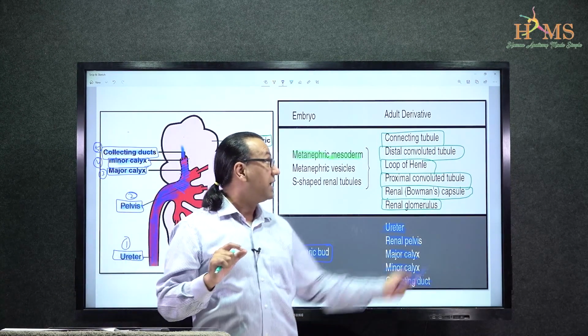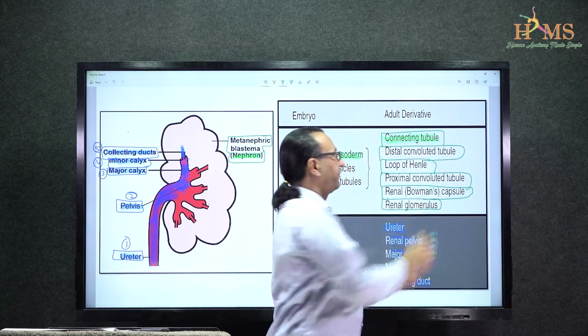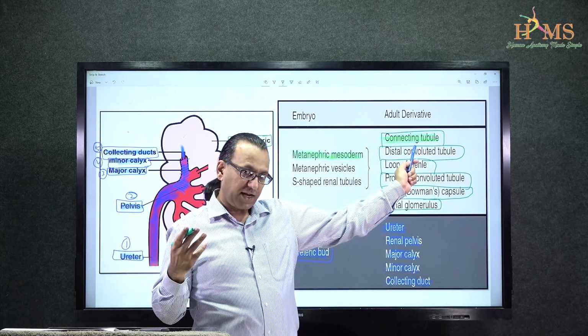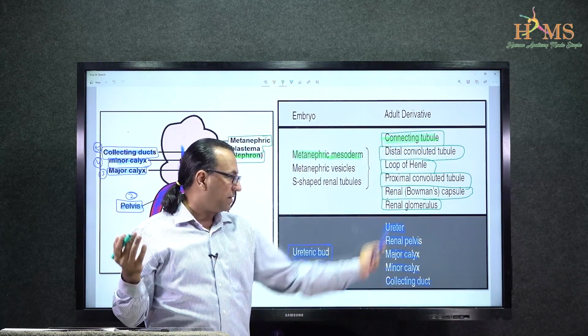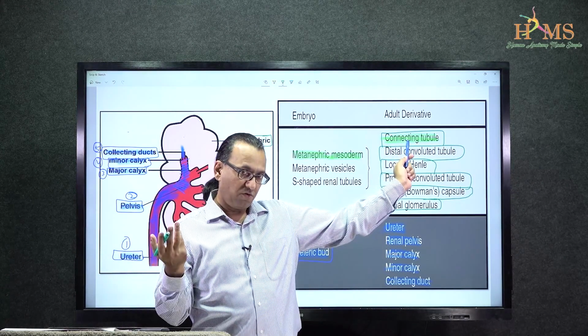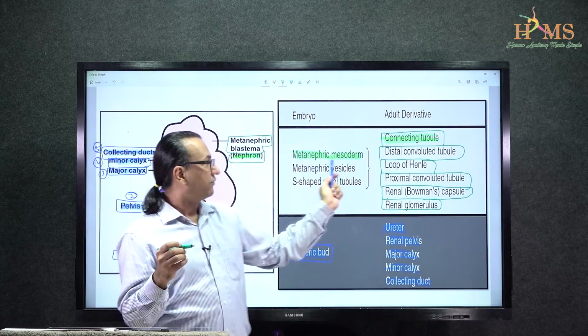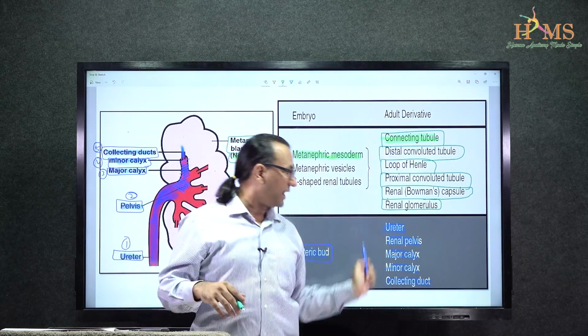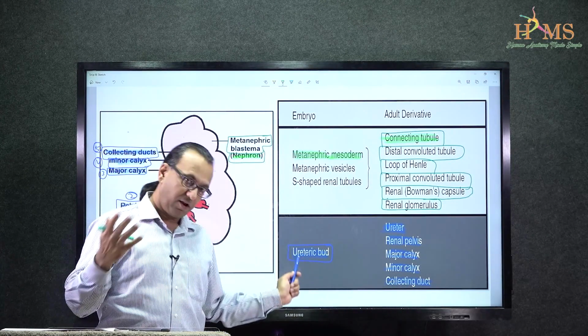But if you say connecting tubule, then it belongs to the nephron, and it is the one which is connecting the nephron with the collecting system. Let me draw a diagram, then it will become more clear for you. But remember, connecting tubule is a derivative of metanephric blastema, whereas the collecting tubule is a component of ureteric bud embryologically.